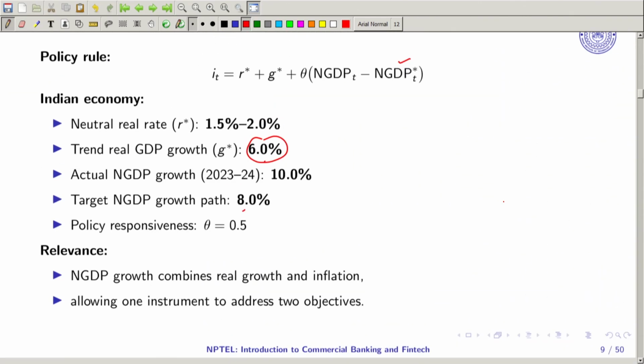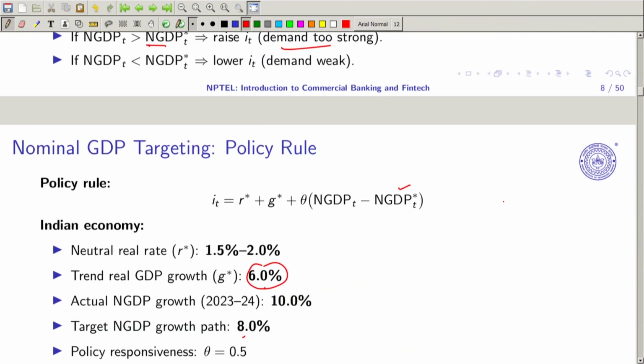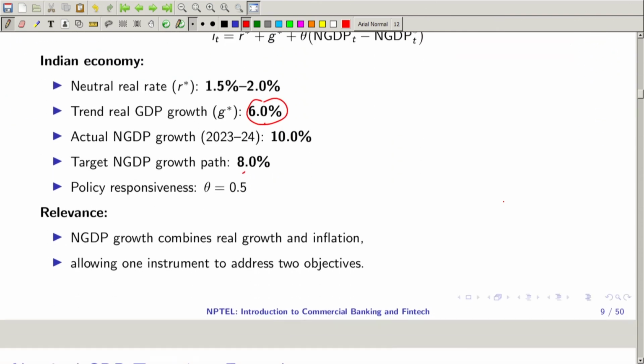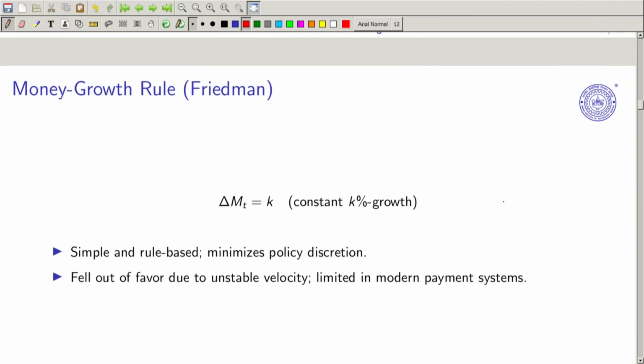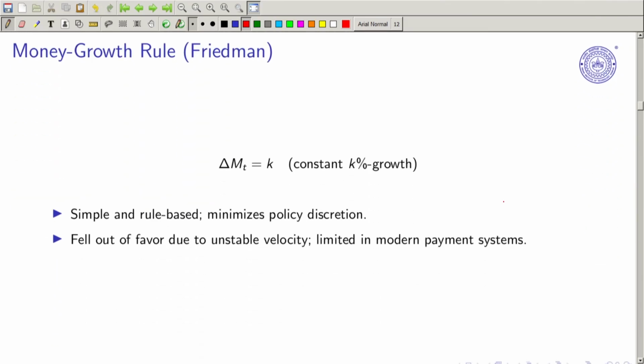So nominal GDP targeting is also one rule, as compared to the policy rule that we have here. Then Friedman was a staunch supporter of, you can say, the monetary stance.